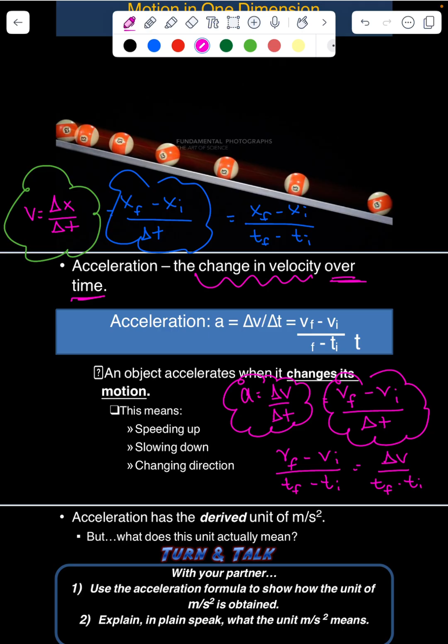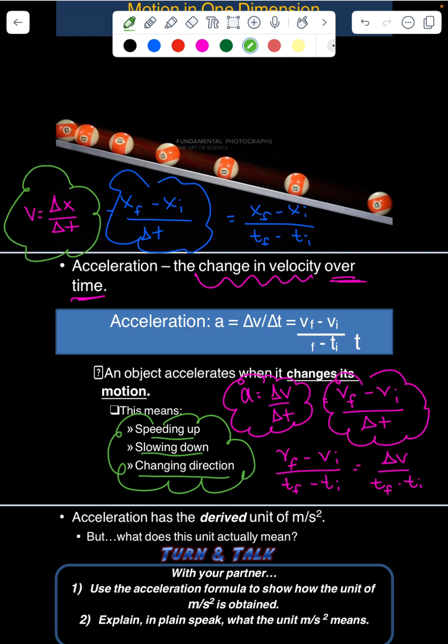All right, but what I really want you to pay attention to is when you have acceleration happening. There are three ways that you can have accelerated motion. The first one is whenever you are speeding up. The second one is slowing down. And then the third one is going to be changing direction.